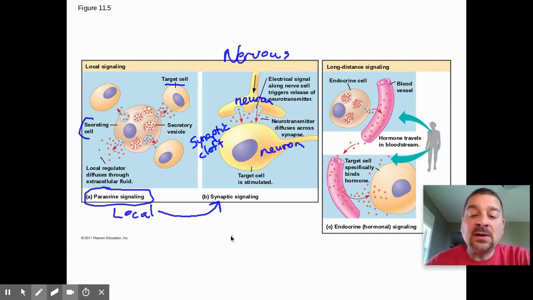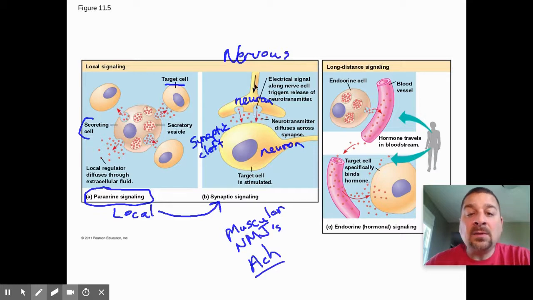In Bio 2, I know we talked about this with neuromuscular junctions, NMJs. There was a neurotransmitter called ACH or acetylcholine that was used as a signal when the brain is sending impulses to tell that muscle to contract.